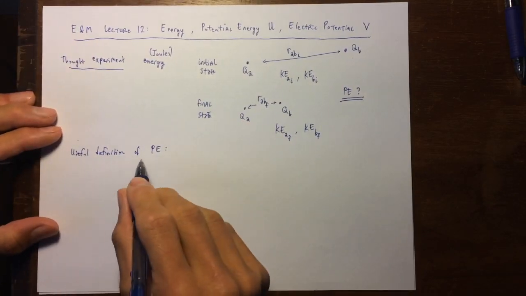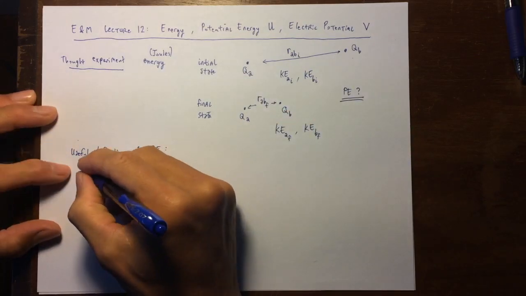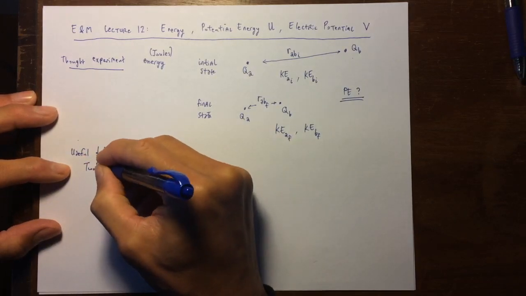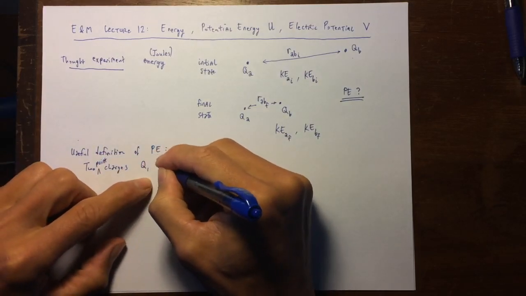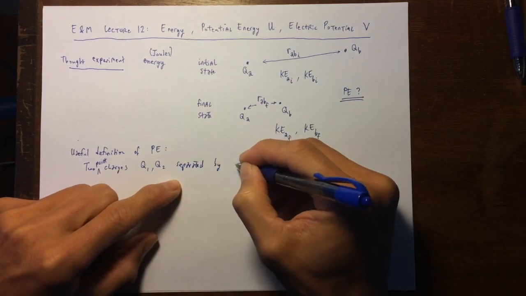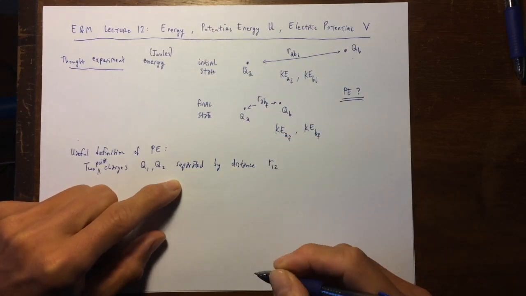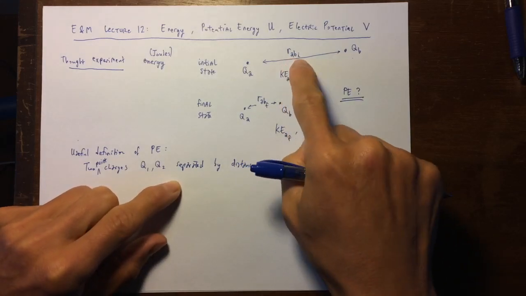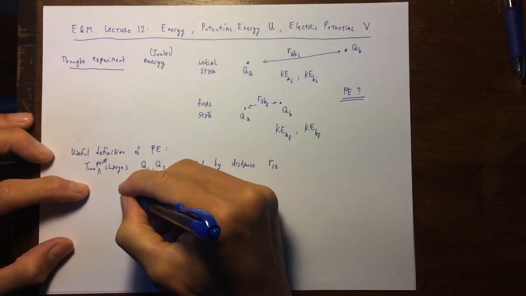So the way that the potential energy function gets written down for two charges, I'm just going to say that 2 point charges, let's say Q1 and Q2, are separated by distance r1,2, right? So this is just the distance between 1 and 2. Just like up here, that's the initial distance between A and B.